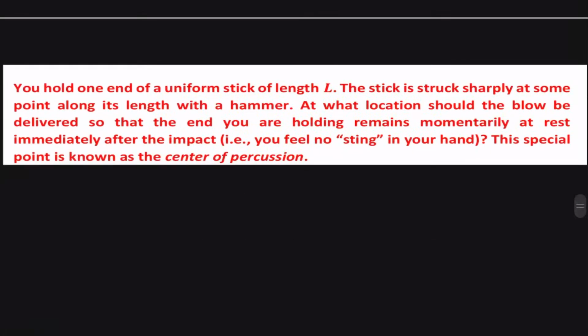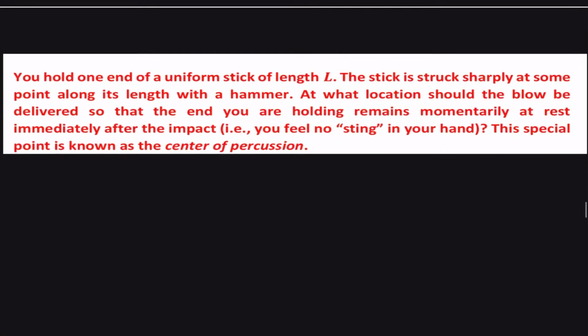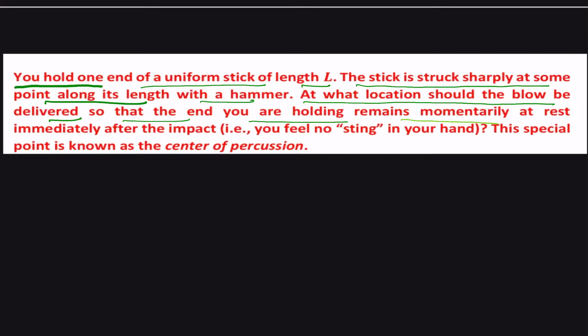In this question it states that you hold one end of a uniform stick of length L. The stick is struck sharply at some point along the length with a hammer. At what location should the blow be delivered so that the end you are holding remains momentarily at rest immediately after the impact, which means you feel no sting on your hand.